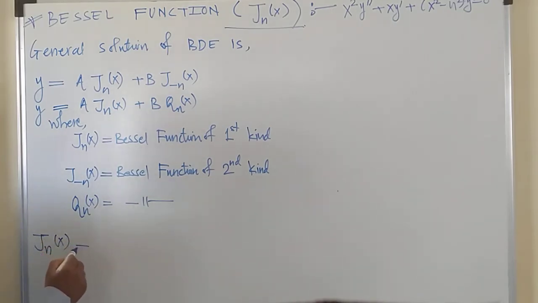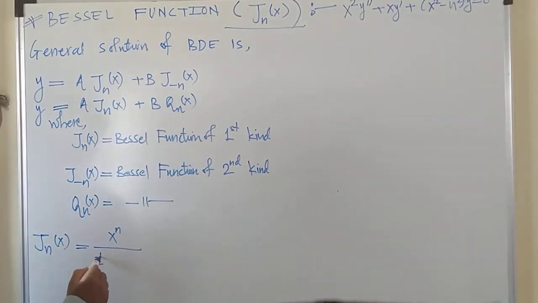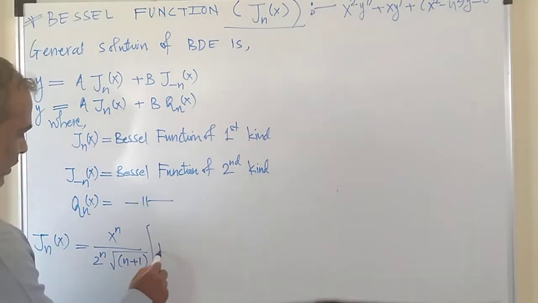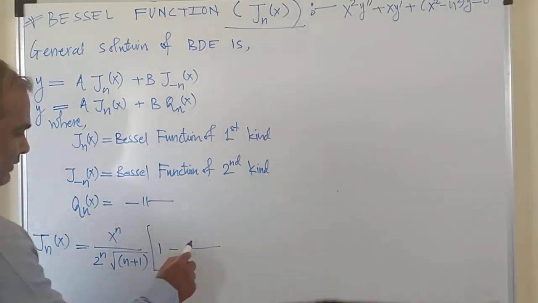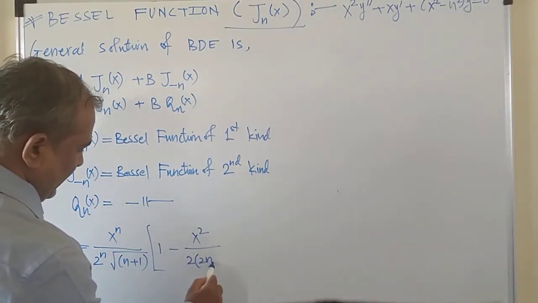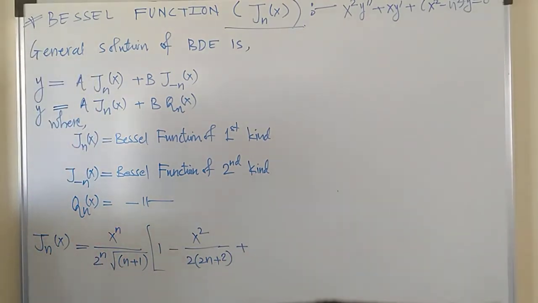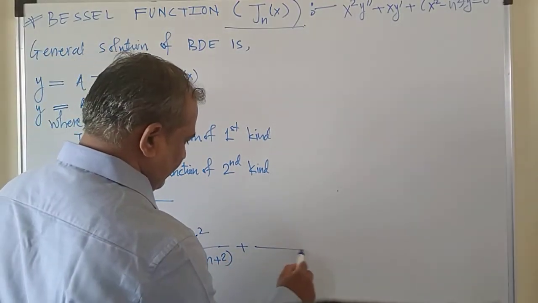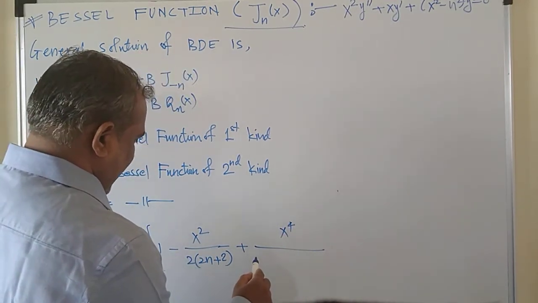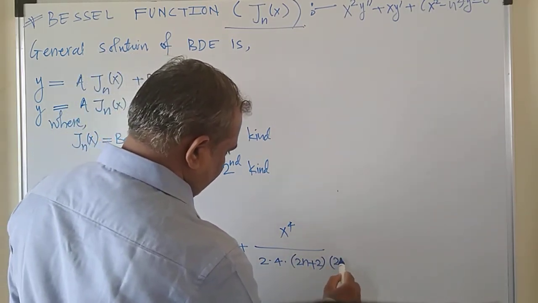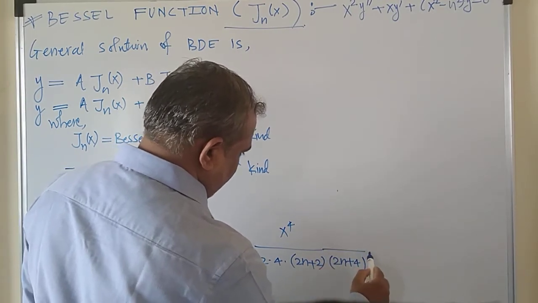Jn of x is equals to x raised to power n upon 2 raised to n into gamma of n plus 1, into 1 minus x square upon 2 into 2n plus 2, plus alternate plus minus sign x raised to 4 by 2 into 4 into 2n plus 2 into 2n plus 4, minus dot dot dot.